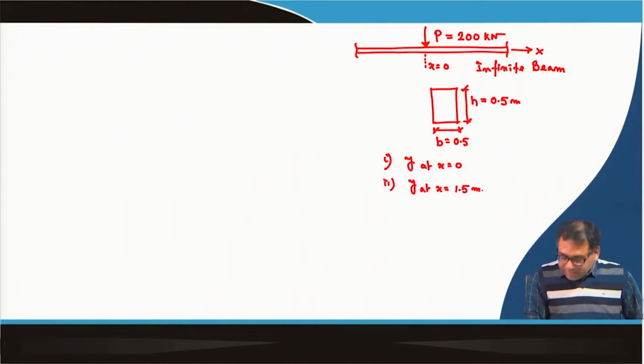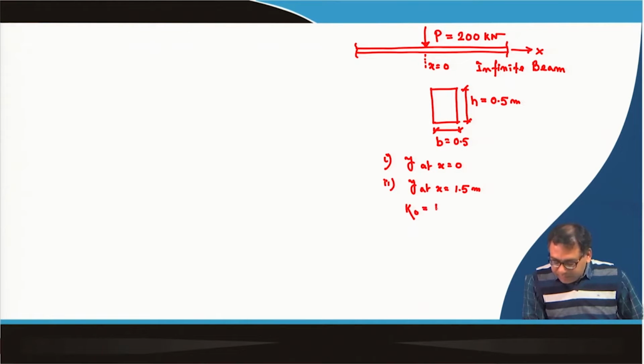Now, the k value which is given, basically it is k0, which is given as 15,000 kilonewton per meter square per meter. So, my k is equal to b into k0.